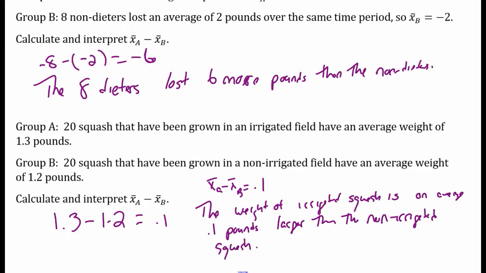So we can subtract numbers, but the big idea is, can you interpret it? Do you understand what it means to do sample mean of A minus the sample mean of B? The weight of this first group was bigger than the second sample mean by 0.1.